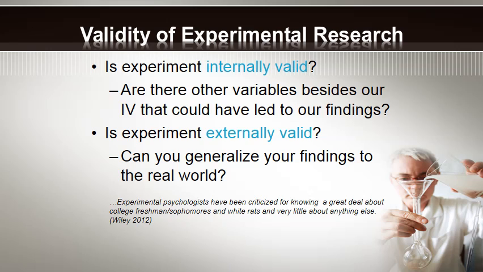Would females have answered the same way? So that's an example of how they need to generalize to other populations. If they're conducted in a laboratory, would they get the same results if they had done that experiment in the field? And so that's the other environments.